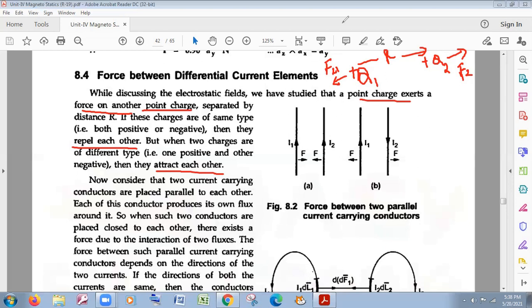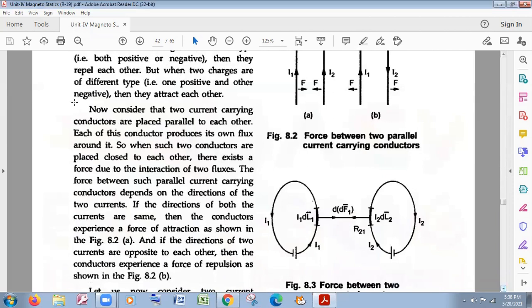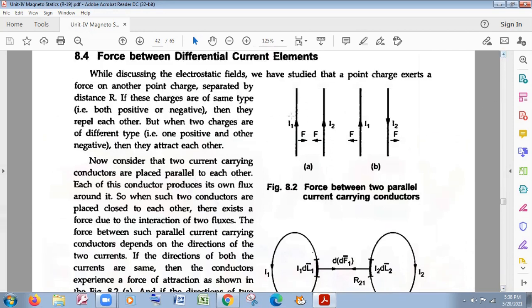Now, in magnetostatics, it is not due to charges, it is due to current. Consider two current carrying conductors placed parallel to each other. This is one conductor, current I1 passes through this conductor in the upward direction.